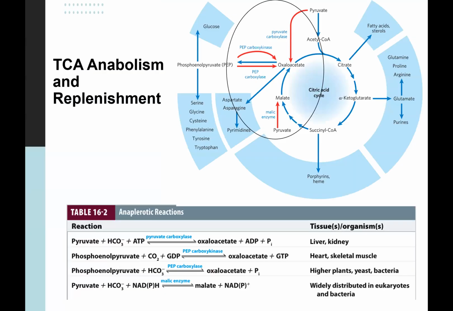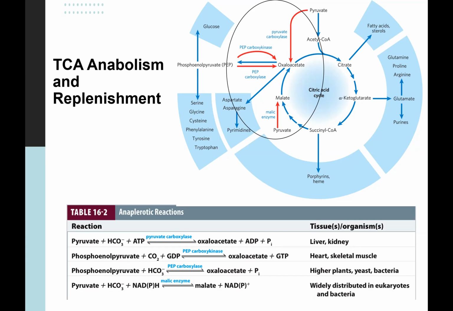So let's consider some of those anaplerotic reactions. Where, oh, where have we encountered pyruvate carboxylase? Anybody? Any idea? It's okay if you don't know at this point, but you do want to know before the next exam. Gluconeogenesis, very good.